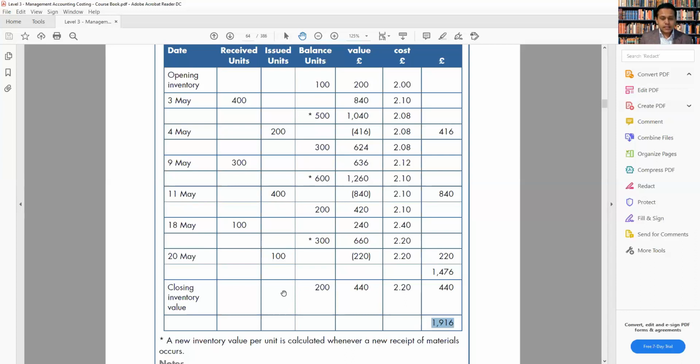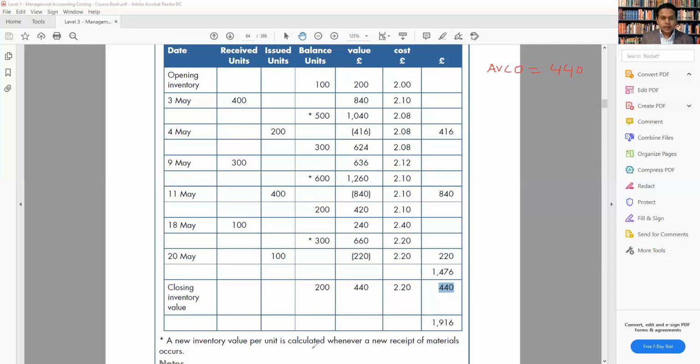Now you can see the closing inventory is 440 if I use the AFCO. Let's write it down, because I want all of you to understand, not too much, just a little bit. So if I use the AFCO, the value of the closing inventory is 440.